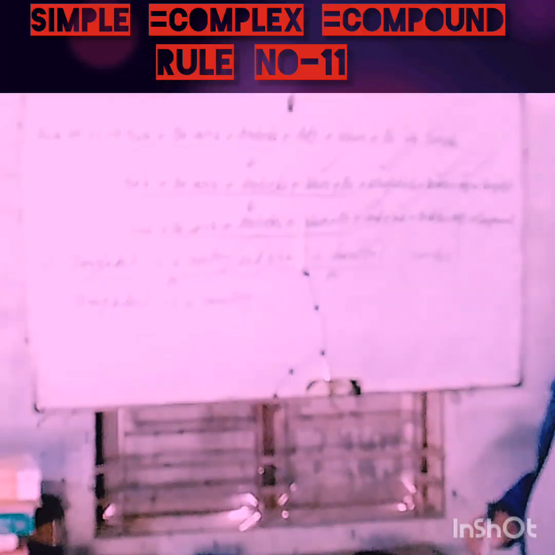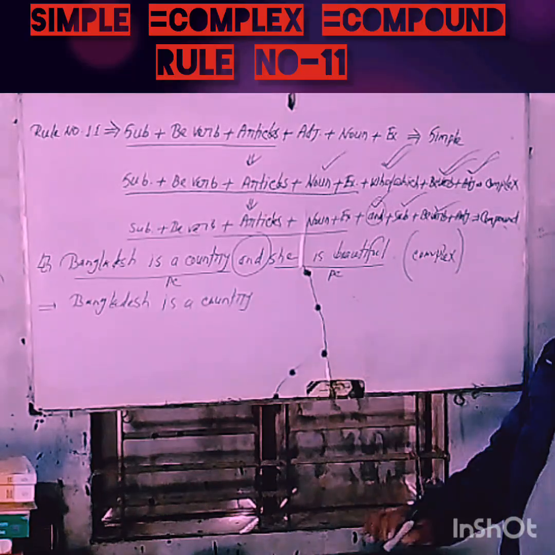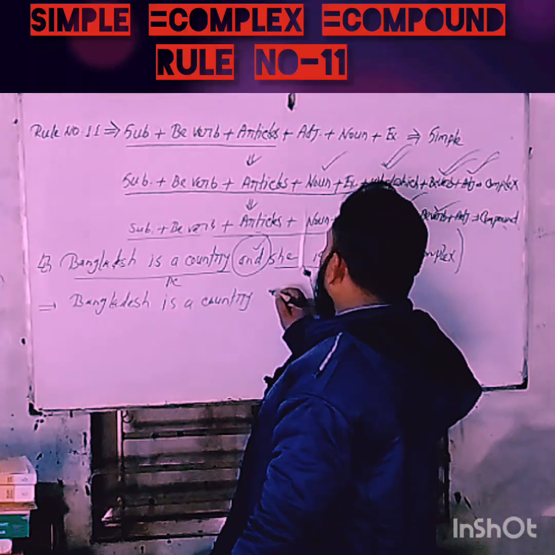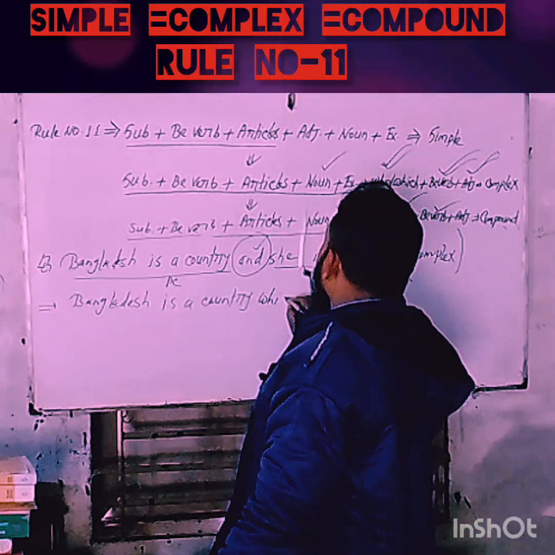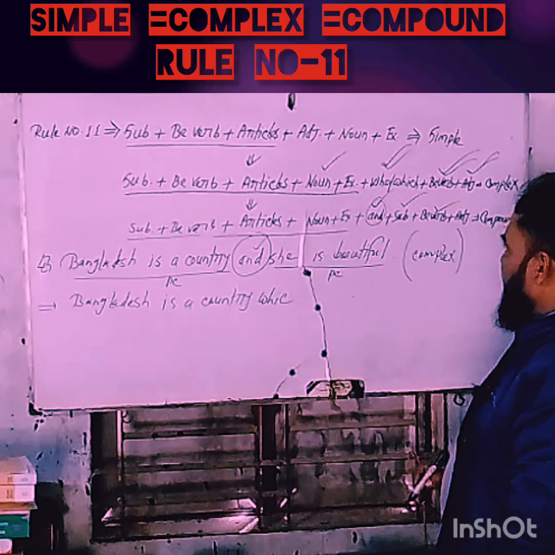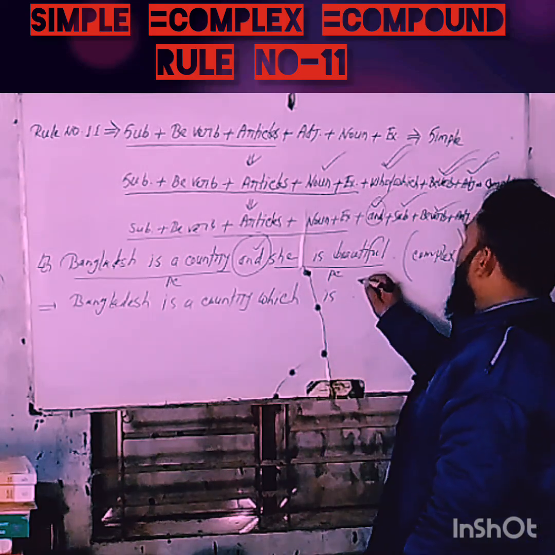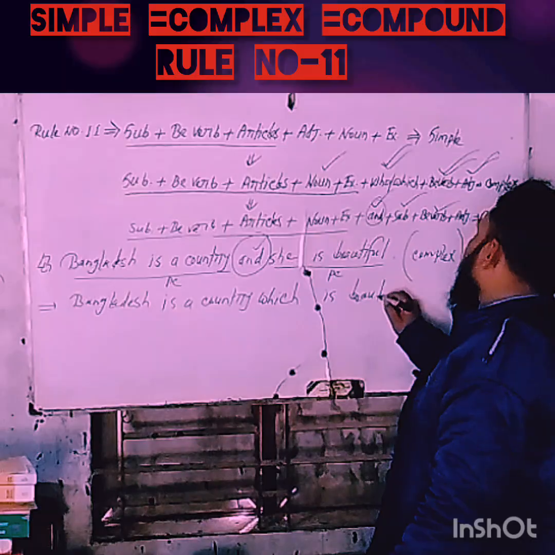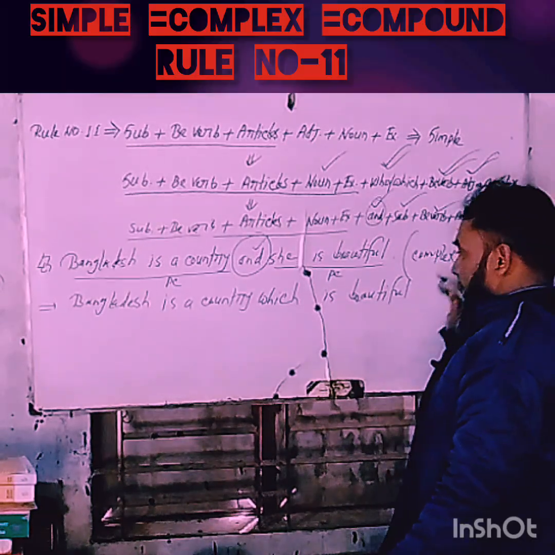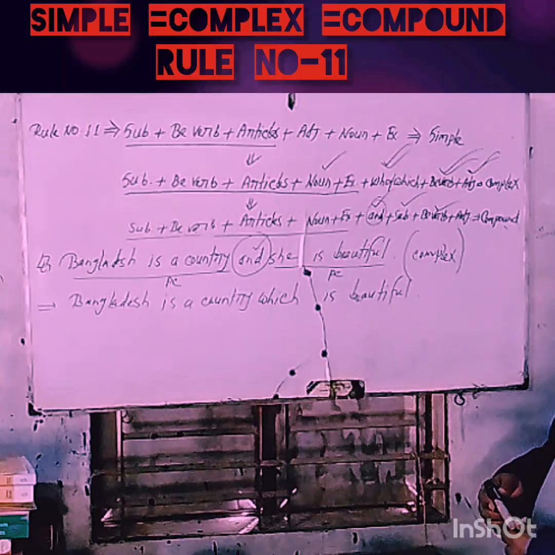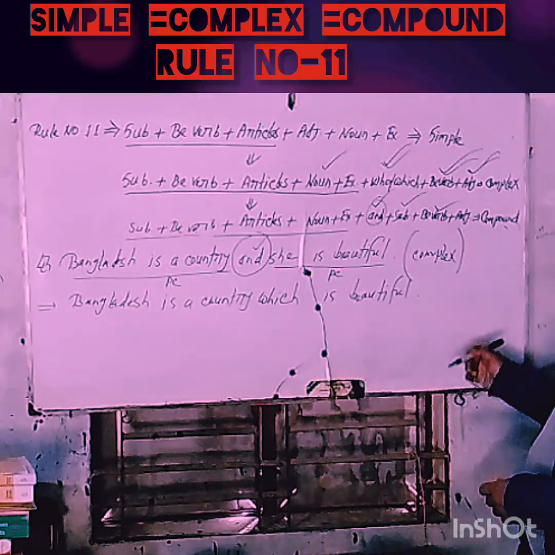And in the middle of the statement, instead of the coordinate conjunction, and, you will have to use a subordinate conjunction, which in this case is which. Then you have to write the verb, is, then the adjective, right? Adjective, beautiful. Already this sentence has been changed into a complex sentence. Hope that you have understood clearly.